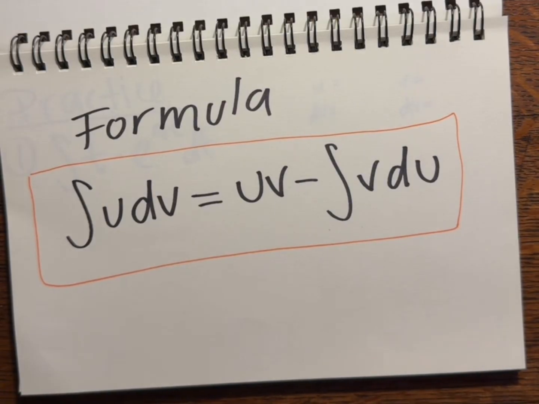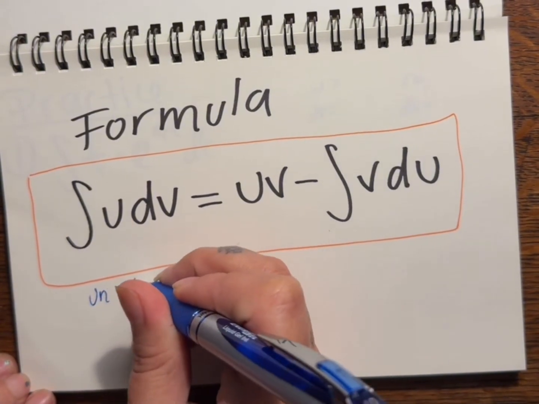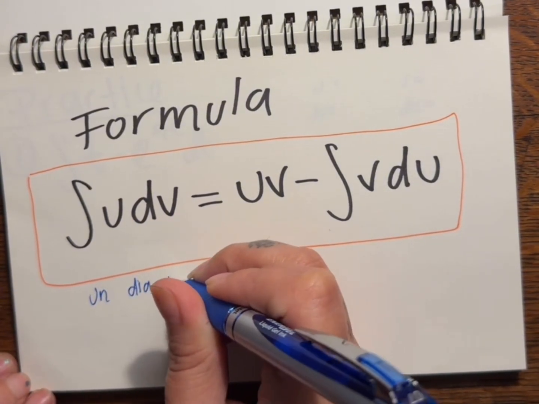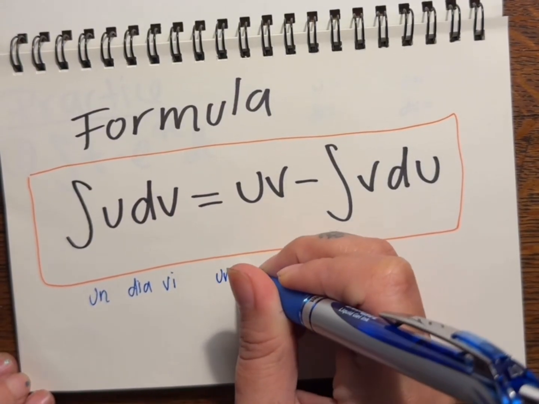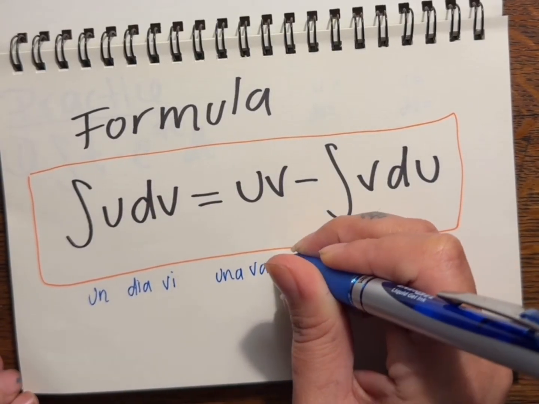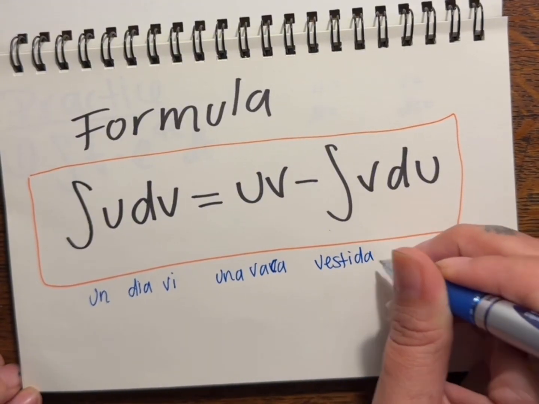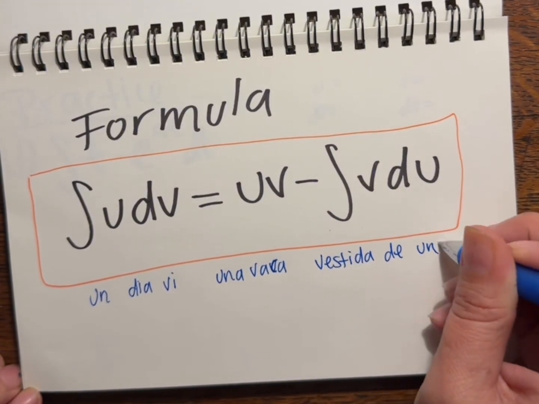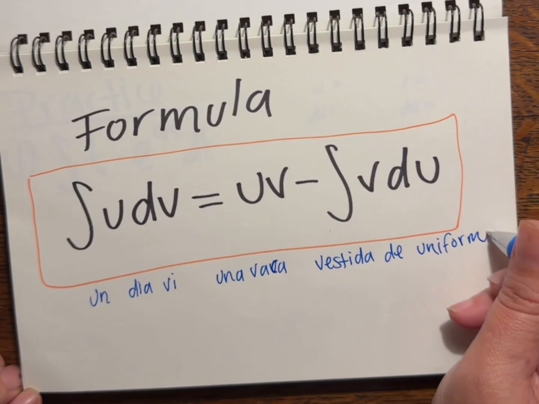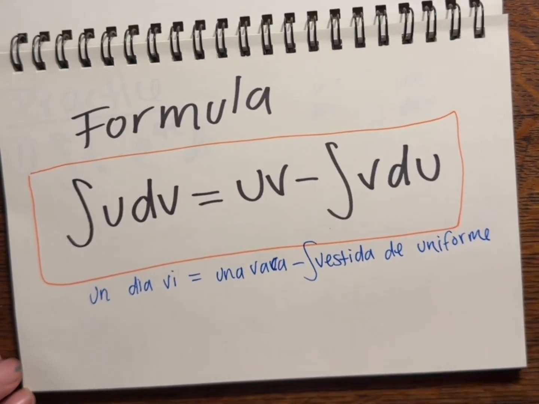So the one in Spanish is: Un día vi una vaca vestida de uniforme.